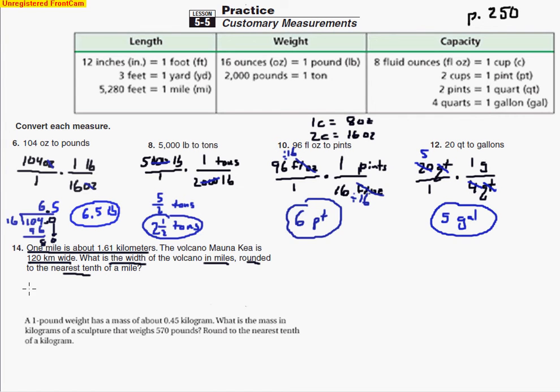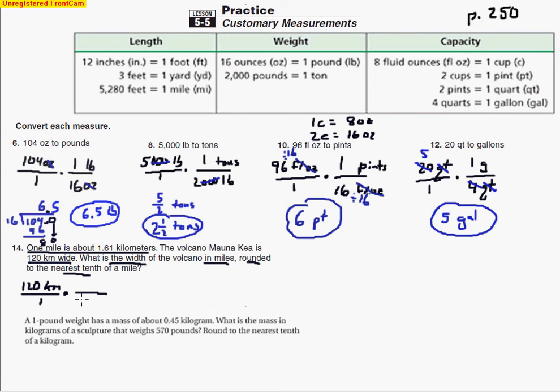So let's go ahead and set this up. The volcano is 120 kilometers wide, so we can start with that, 120 kilometers. And we want to change this to miles. If I use this method of multiplying, I want the kilometers to cross cancel.